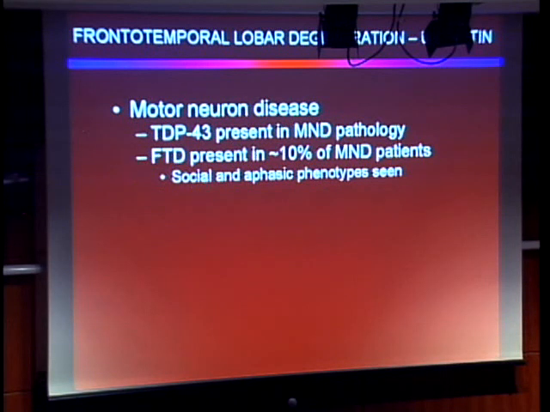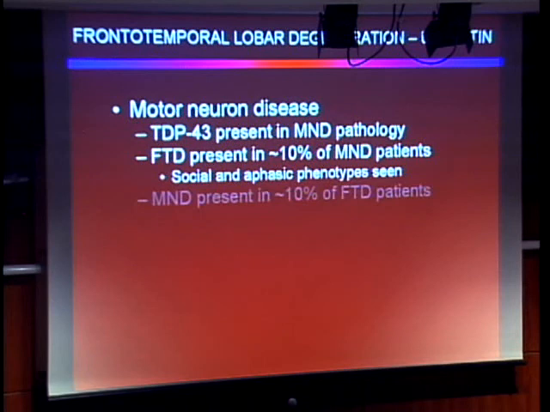We see folks who have both a social disorder as well as an aphasic disorder. So we see the same variety, the same phenotype, the same presentation in folks who have the diagnosis of motor neuron disease. Likewise, in patients who have the diagnosis of frontotemporal dementia, in about 10% of cases, we will find that motor neuron disease is present.